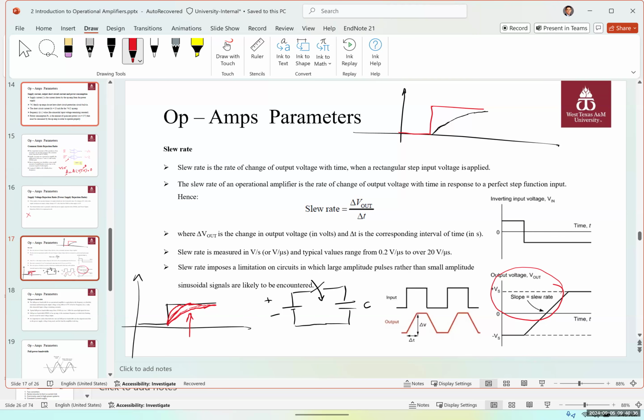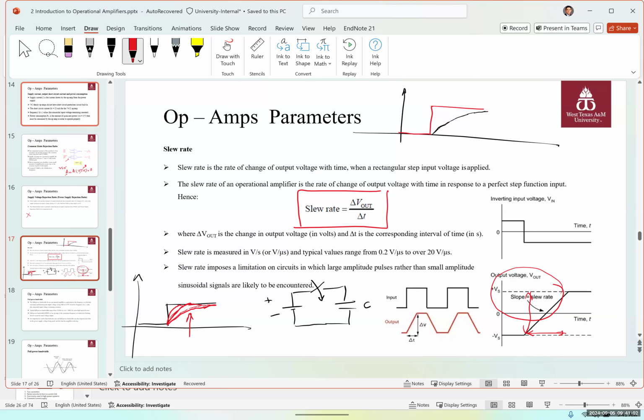So the slew rate is measured by this equation: it's delta V out over delta T, where delta V out is the change in output voltage, and delta T is the corresponding interval of time.